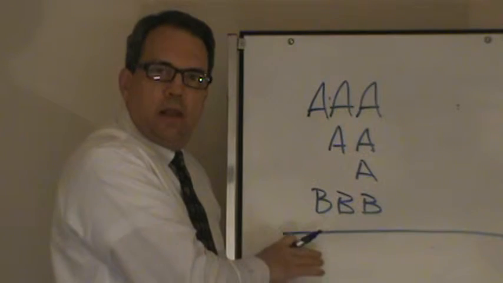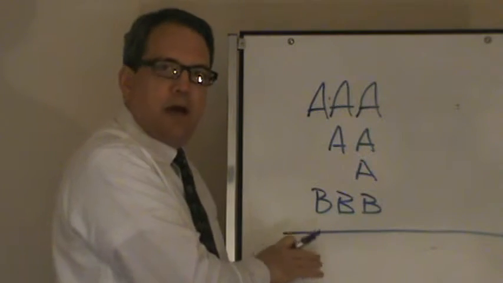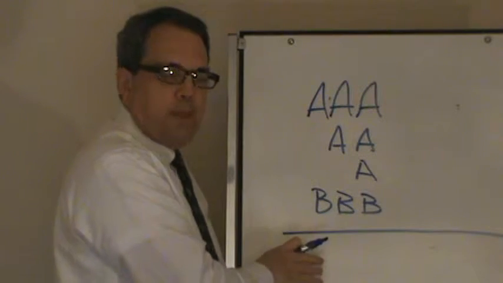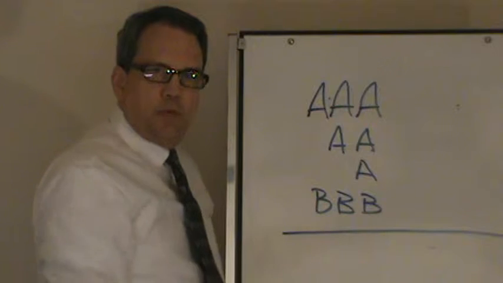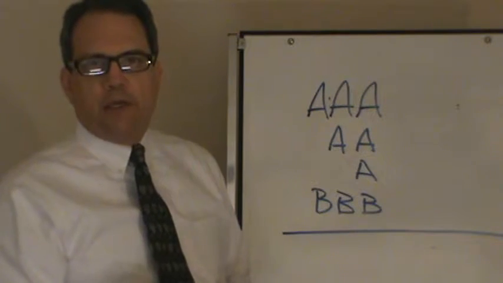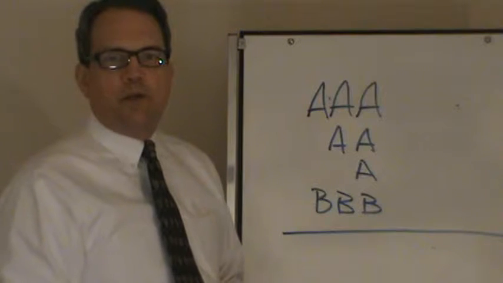Anything below that line is not investment grade. It's junk or high yield securities. Okay. But up above this is investment grade. This is what institutions, folks with a fiduciary capacity, can buy, these investment grade securities.